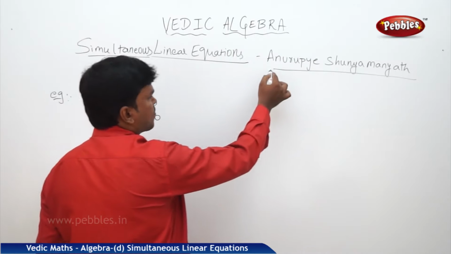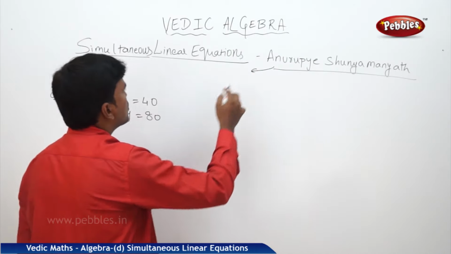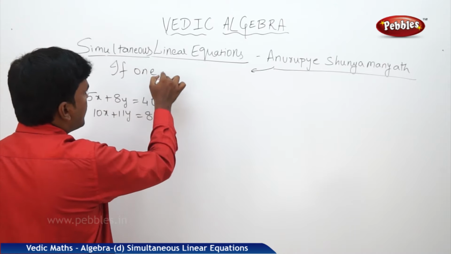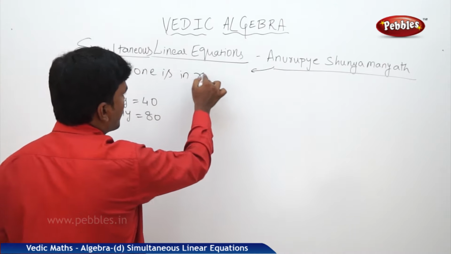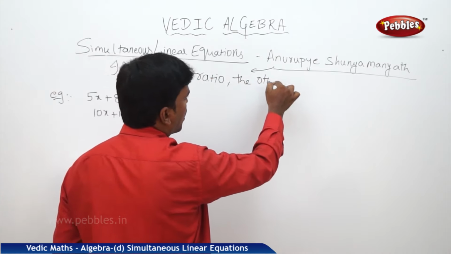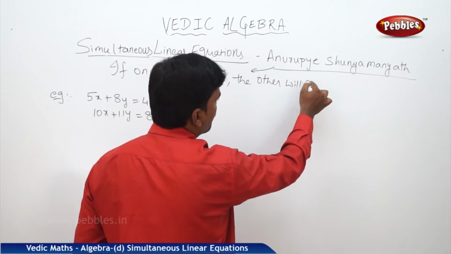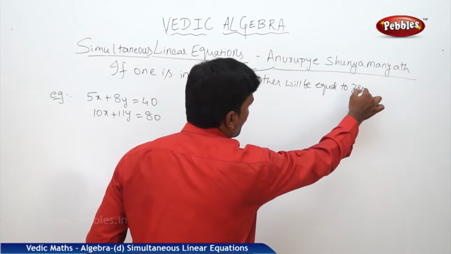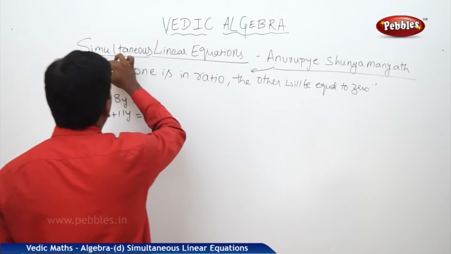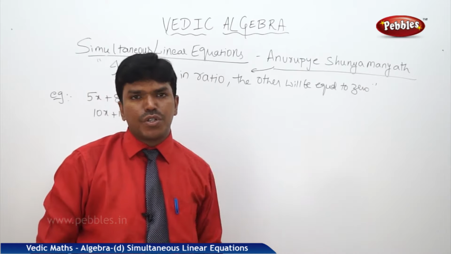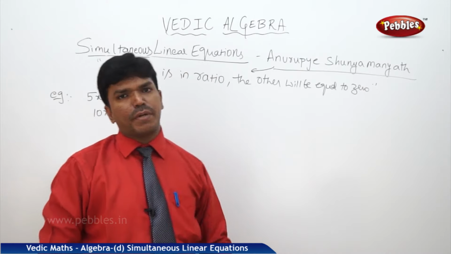Its English meaning is: if one is in ratio, the other will be equal to 0. That is the meaning of Anurupye Shunyamanyat.